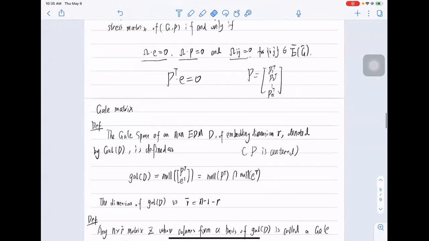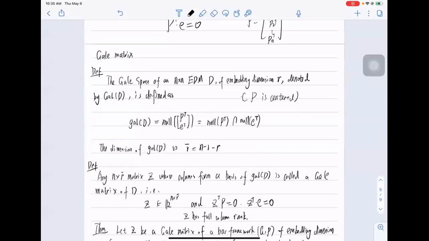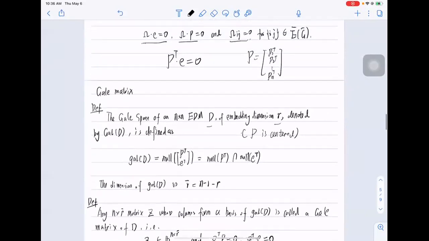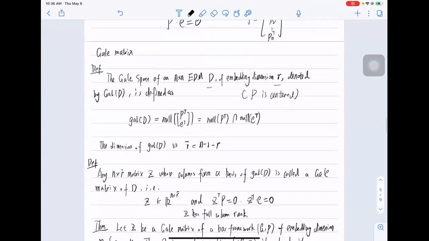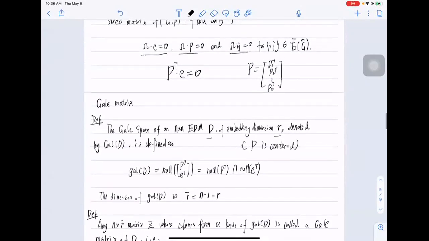So now let's move to the Gale matrix. So what is the Gale matrix? First, let's define the Gale space. Given an n by n EDM matrix B of embedding dimension R, the Gale space is denoted by Gale(D).